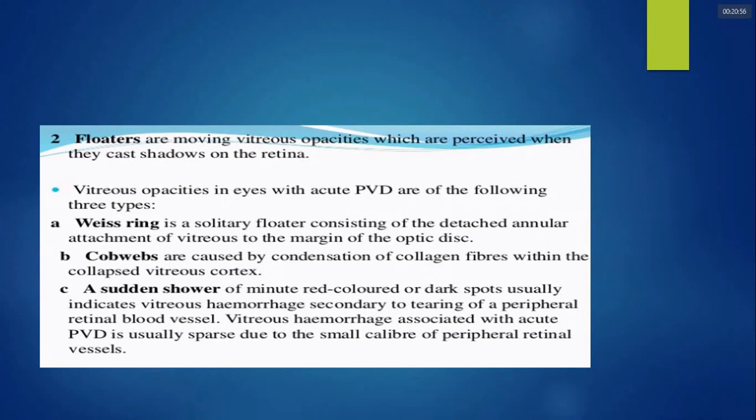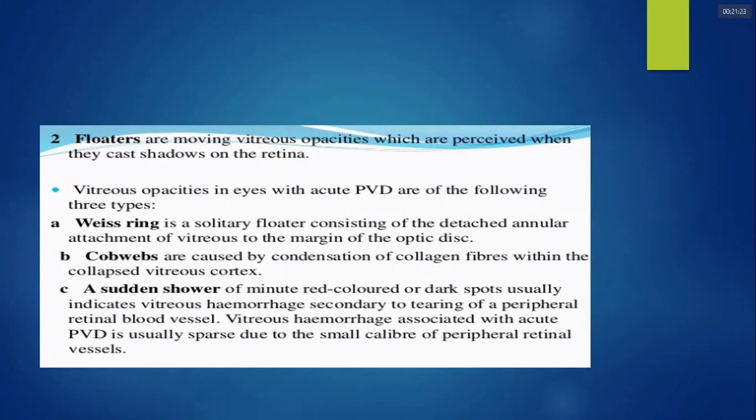And cobwebs are caused by the condensations of the collagen fibers within the collapsed vitreous cortex. So you will see just the thing hanging over there, and a shower of minute red or dark spots usually indicates a vitreous hemorrhage, secondary to the tearing of the peripheral retinal blood vessels. So you know now where the sites of the vitreous attachment are.